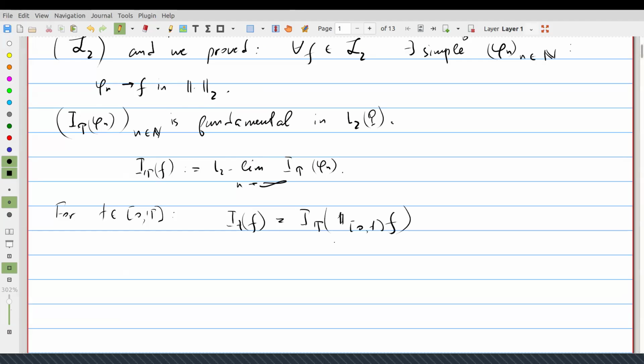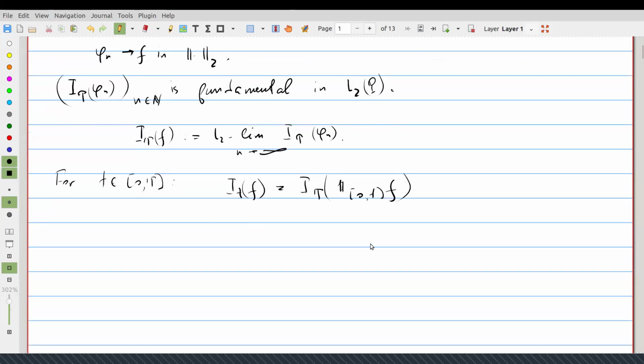And the question we were going to answer was whether we can define them for all t using this formula simultaneously, in a way that the process we obtain as a result has good properties: continuous, almost surely, etc.